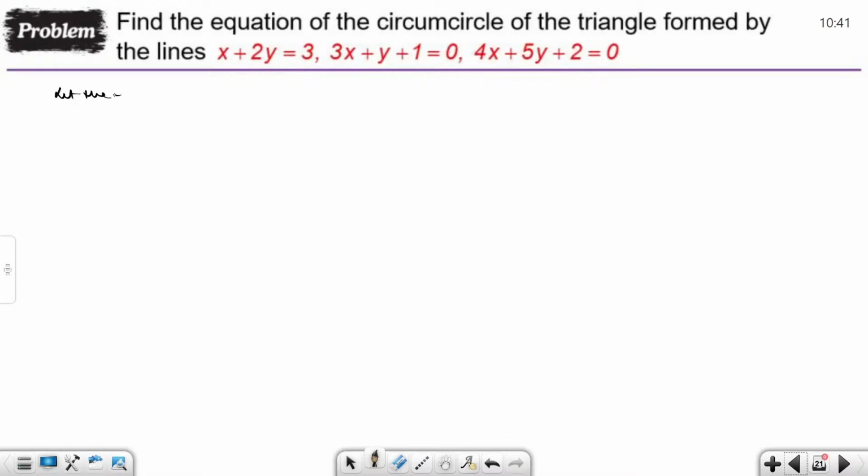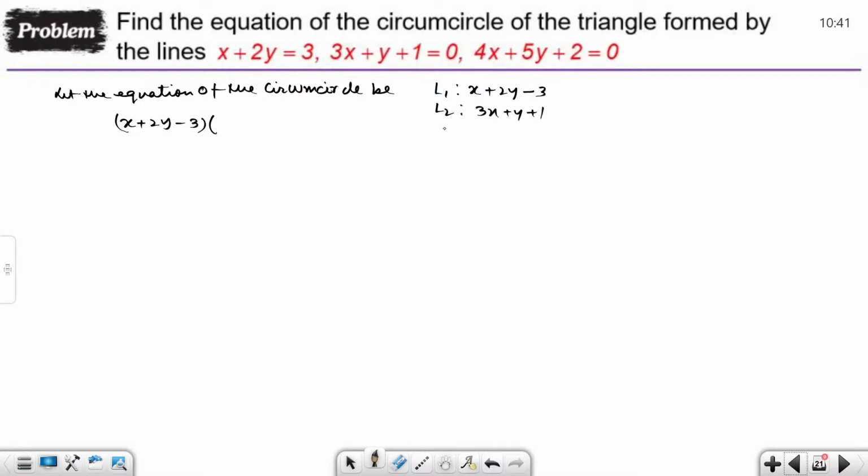Let the equation of the circumcircle be, what was the form? L1 L2, plus lambda times L2 L3, plus mu times L3 L1, which equals 0. This is my L1, let us say. L1 is x plus 2y minus 3. L2 is 3x plus y plus 1. And L3 is 4x plus 5y plus 2.